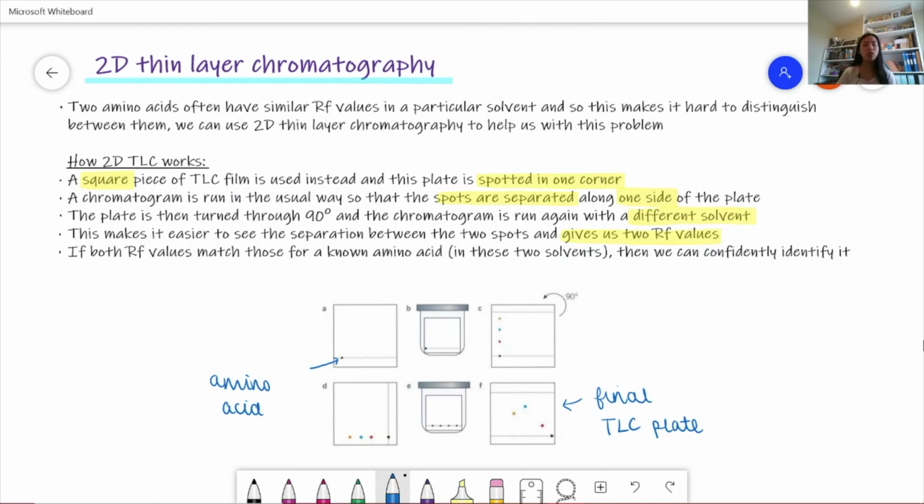So we separated it once using one solvent, and then we've turned it 90 degrees and then separated those spots with a different solvent. And so this means that we have 2 RF values for this single amino acid now. And now we can match it up to databook values, so known values for pure amino acids, which have been taken in these same 2 solvents, if the RF values are exactly the same.